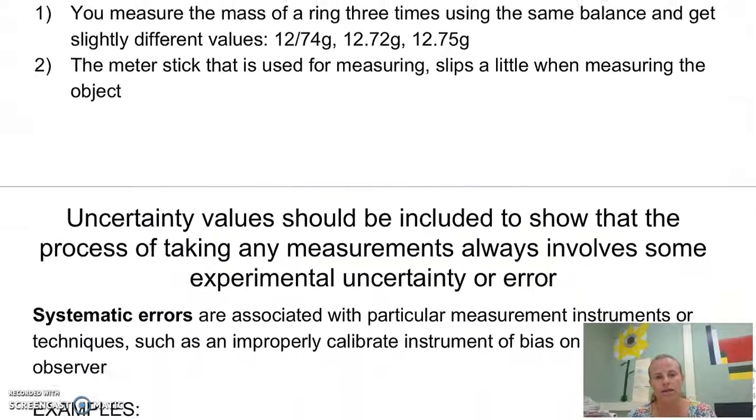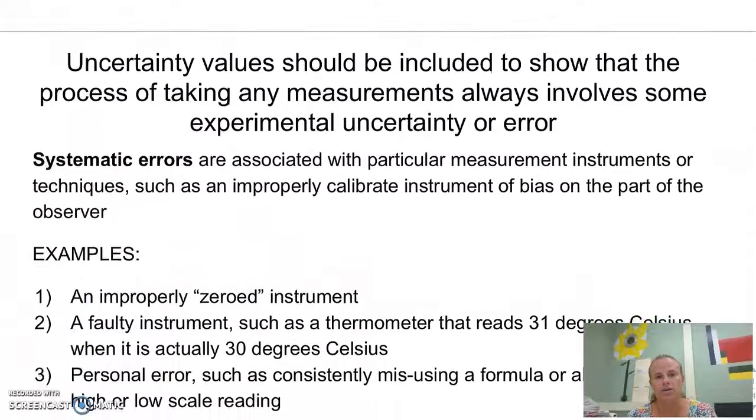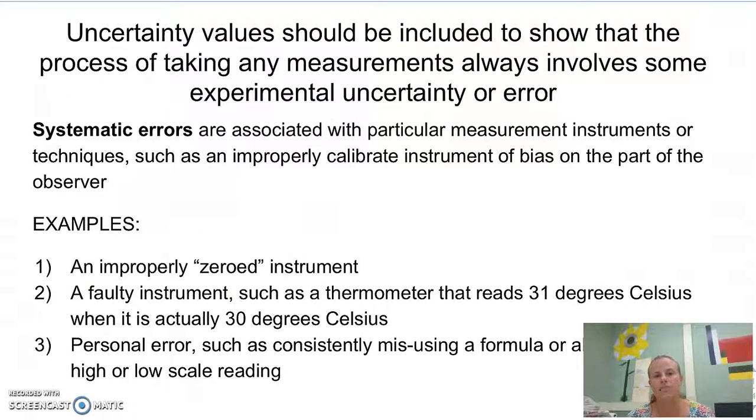On the other hand, systematic errors are errors that continuously happen. So it's associated with the instrument or the technique that the human is doing. So for example, the instrument was improperly zeroed, so it consistently reads the wrong mass.